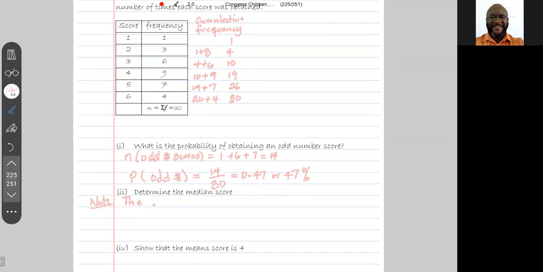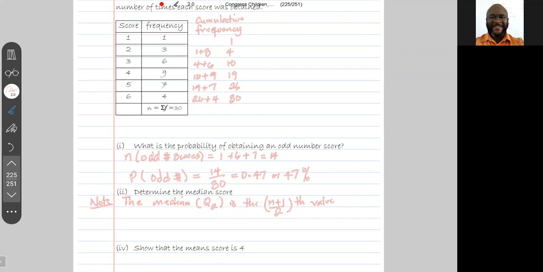The median, and the symbol for median is Q2, is the (n plus 1) over 2 th value in the distribution. So Q2, which is the median, is the (n plus 1)/2 th value. The th there is telling you the position of the median.